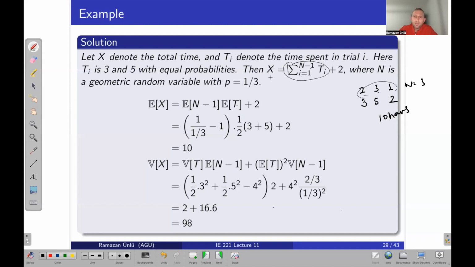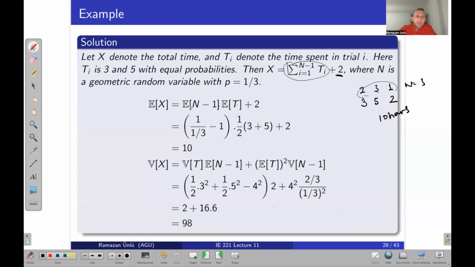You can think of the ti's as random variables, and n as the number of random variables. Here, instead of n, there is n minus 1. That's why the expected value of x is equal to the expected value of n minus 1 times the expected value of t, plus 2. That's for sure, because the last door is the first door, and the duration for that door is 2 hours.